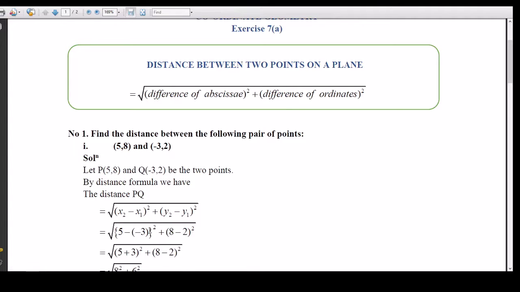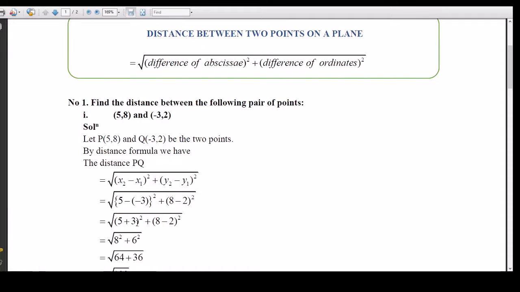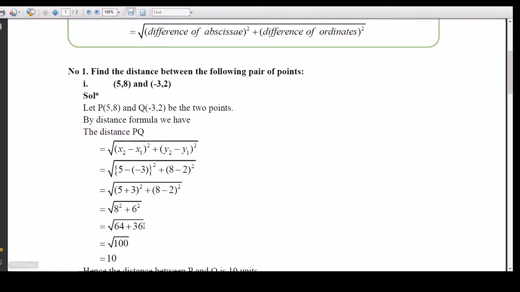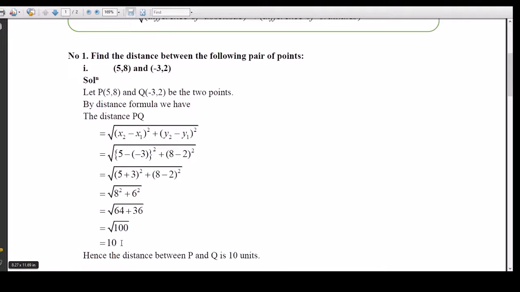That means 5 plus 3 squared, and 8 minus 2 whole thing squared. 5 plus 3 is 8, 8 squared; 8 minus 2 is 6, 6 squared. 8 squared is how much? 64. 6 squared is 6 multiplied by 6, which is 36. Now 64 plus 36 gives us 100, and the square root of 100 is 10. Clear? Hence the distance between these 2 points P and Q is how much? 10 units.